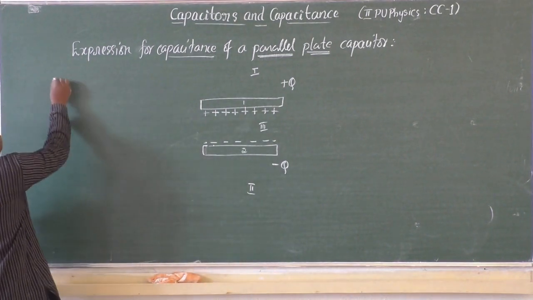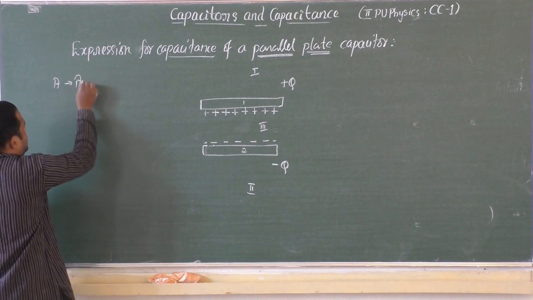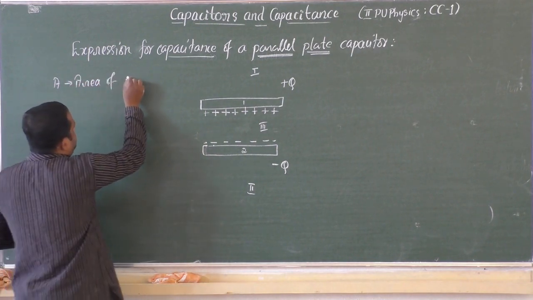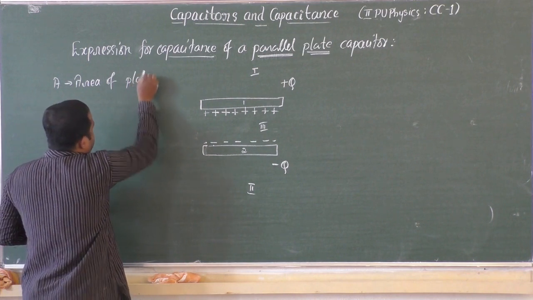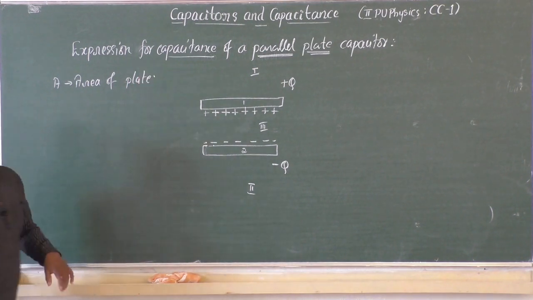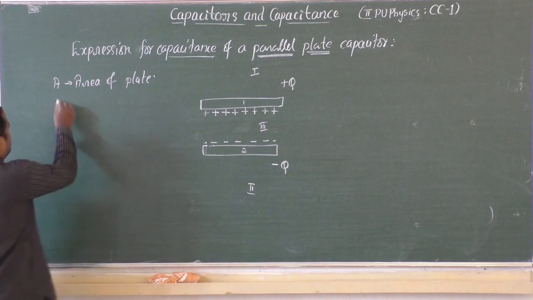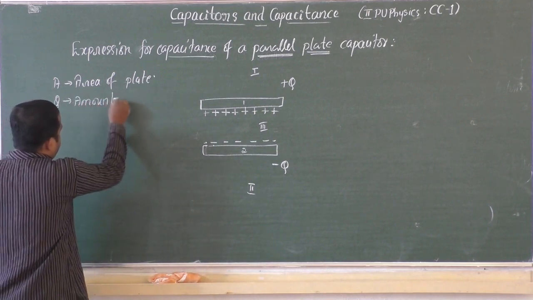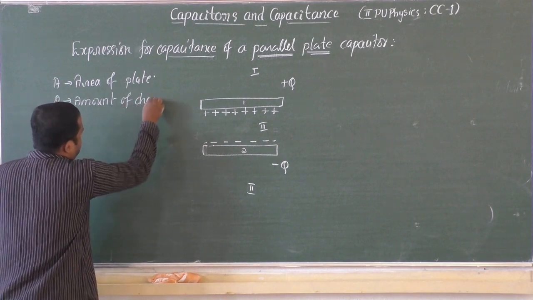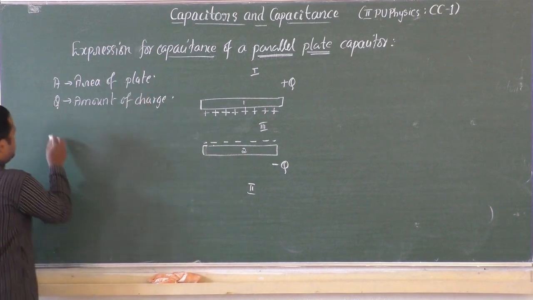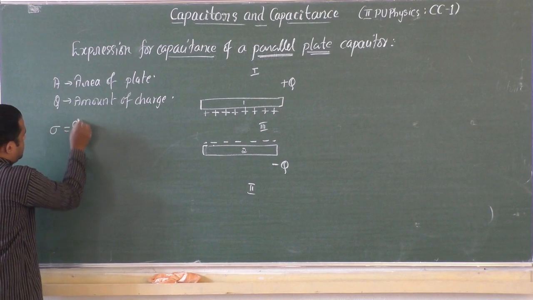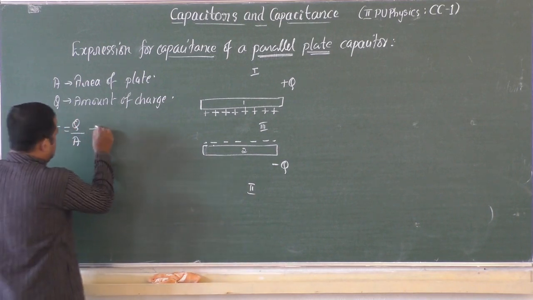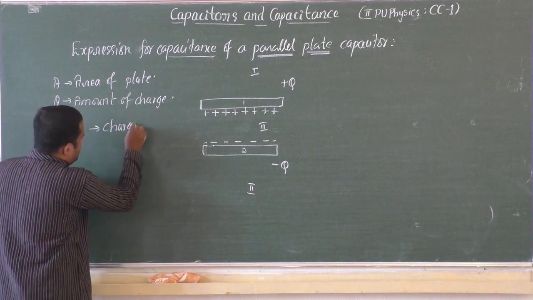Now let A be the area of each plate, identical plates. Q is the amount of charge stored in each conductor. Then sigma is equal to Q divided by A, charge by area of cross section. Sigma represents charge density.